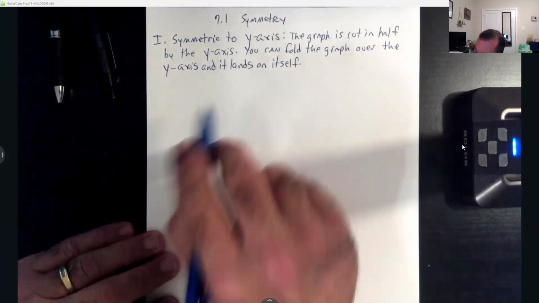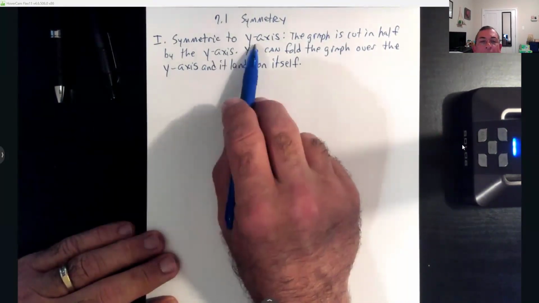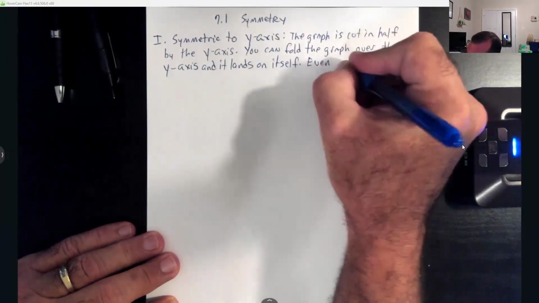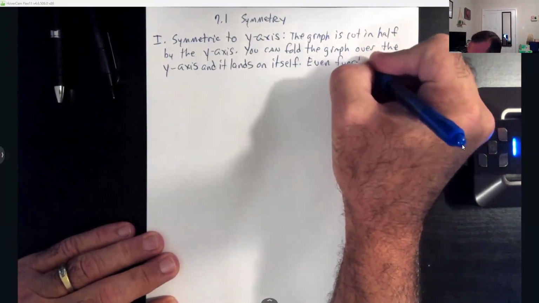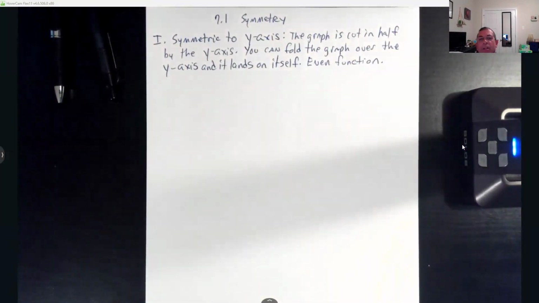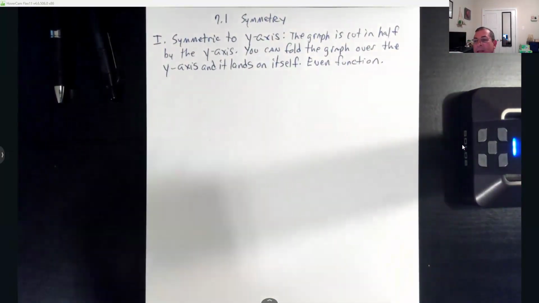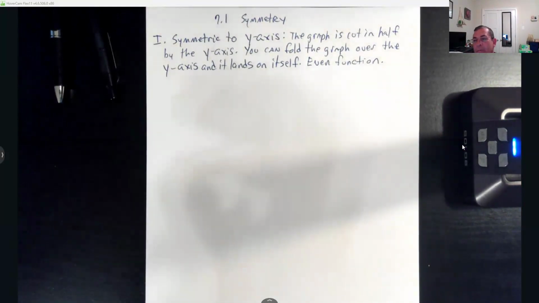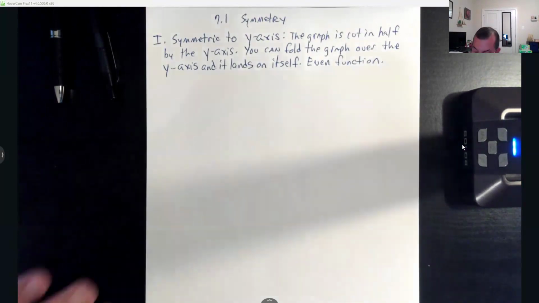Also, if a graph is symmetric to the y-axis, we say that it is what we call an even function. Even function because to be symmetric to the y-axis, the highest exponent has to be an even number, like a 2, 4, 6, and so on.